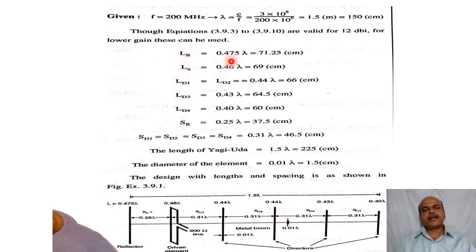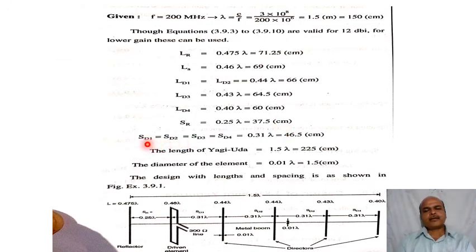LR is equal to 0.475 lambda. Putting the value of lambda, 150 centimeter, we get 71.25. Then LD1 is equal to LD2 is equal to 0.44 lambda, LD3 is 0.43 lambda. Put in the values and we get the answer. LD4 is 0.40 lambda, which gives 60 centimeter. Then SR is equal to 0.25 lambda, which is 37.5 centimeter.